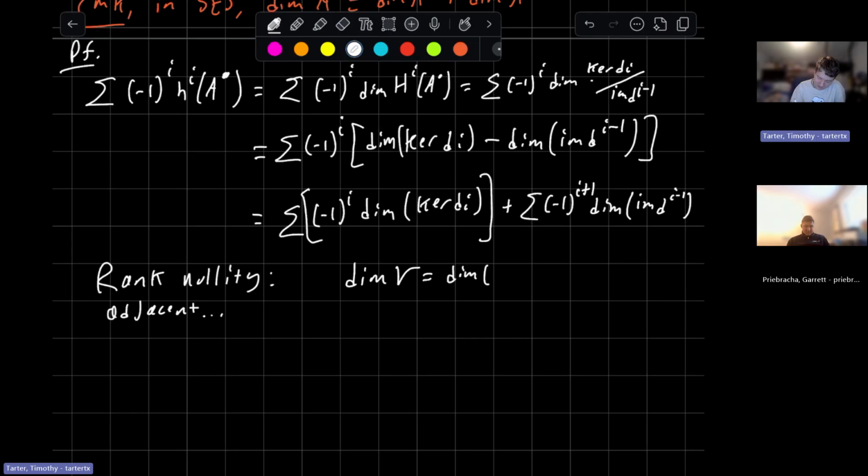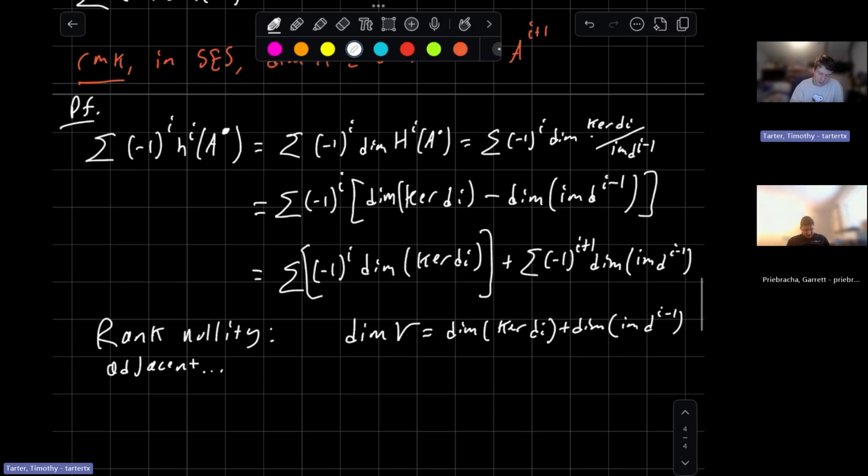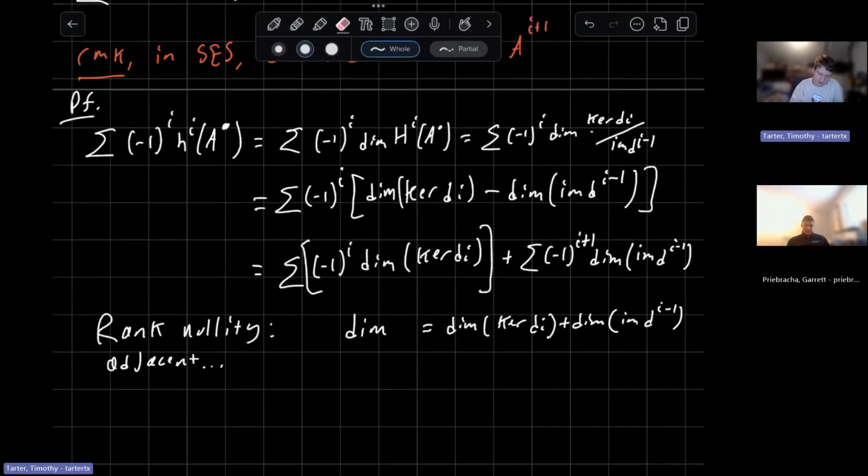The dimension of the kernel of d_i plus the dimension of the image of d_{i-1}. And I guess this would be dim A_i.